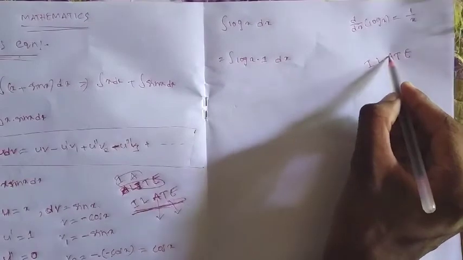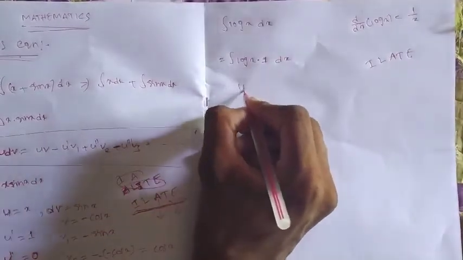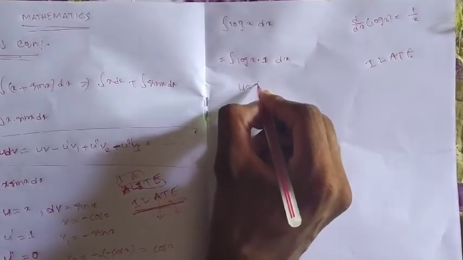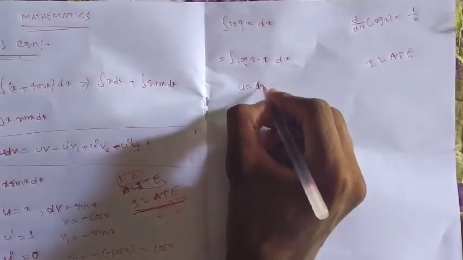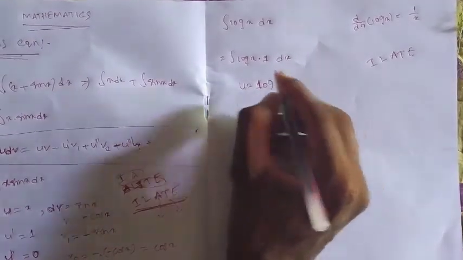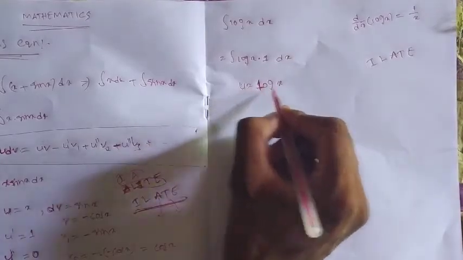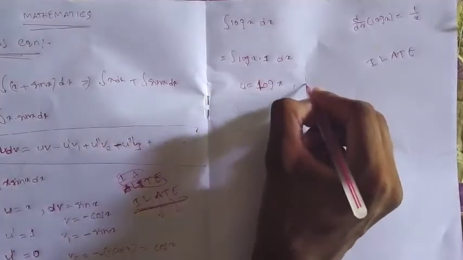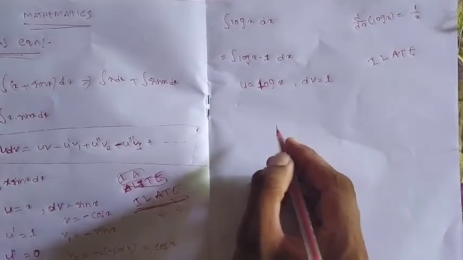So the logarithmic term comes first. As the logarithmic term comes first, I am taking u is equal to log x and dv is equal to 1. So I can take in this way.